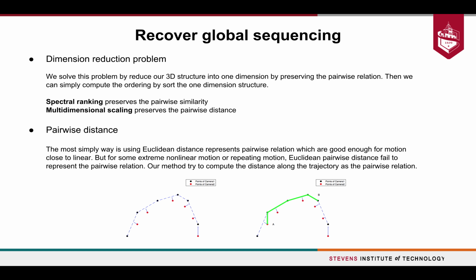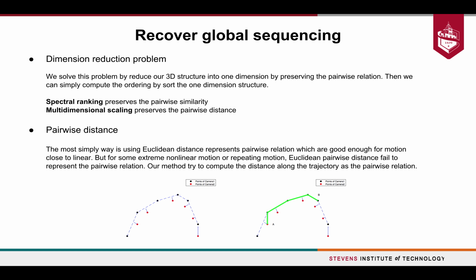It's good when the motion is close to linear, but for some nonlinear or repeating motion, the Euclidean distance cannot perfectly represent the pairwise relation. Some frames may be far apart in time, but actually very close in space. So we try to compute the distance along the trajectory, which we call arc distance.